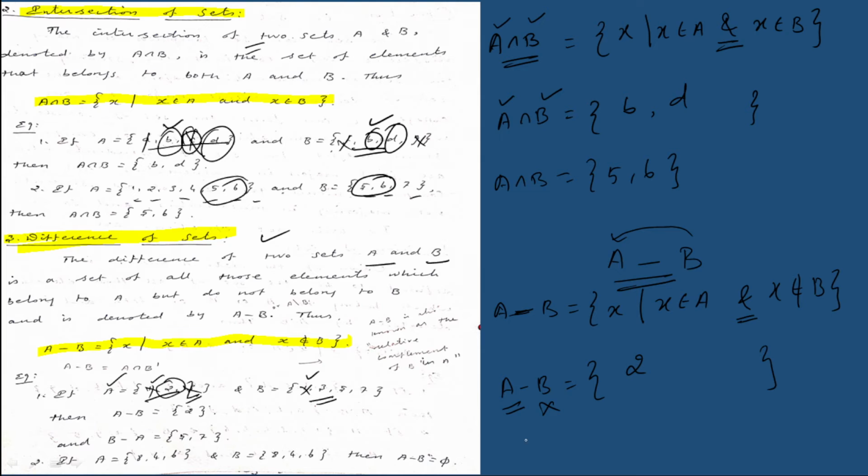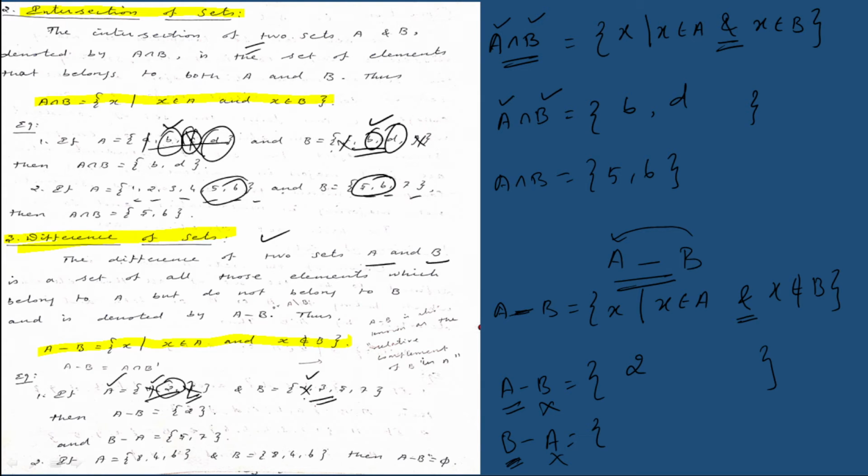Next, for the same example sets A and B, you can write B minus A. In B minus A, you take the set B first and write down the set of all elements which belong to B and are not elements of A. If so, 1, 3, 5, 7.